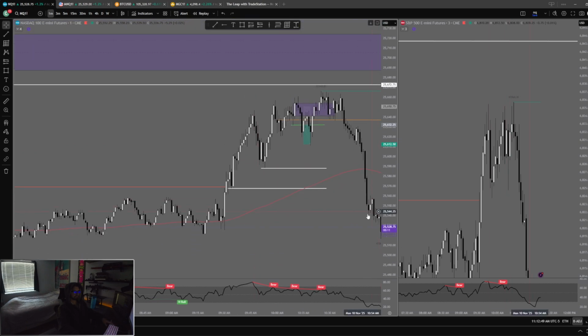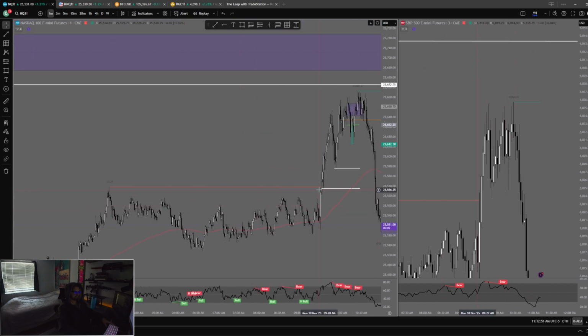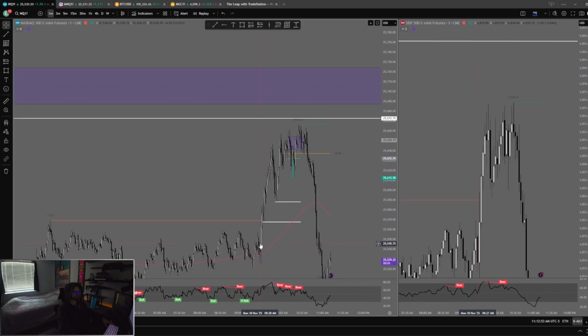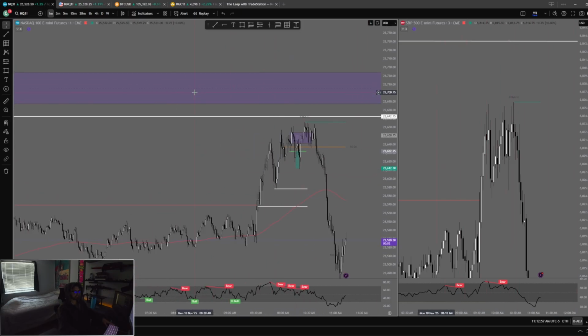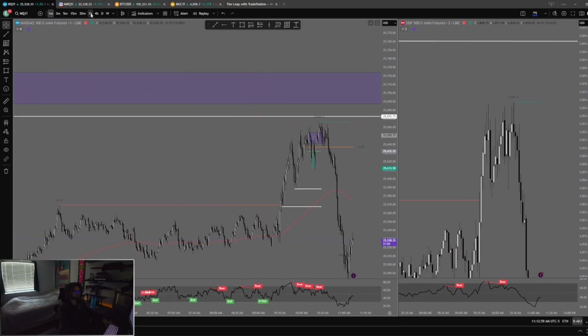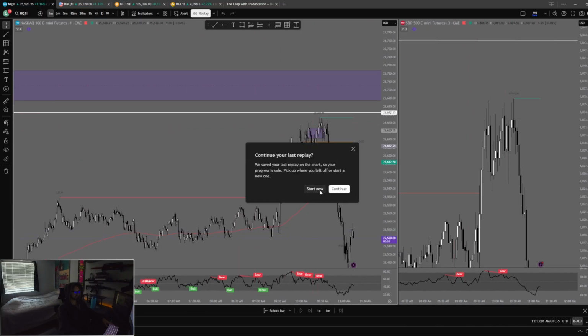Come into the morning and we sweep out this London high right at market open pretty much. Initially, before this drop off, I wanted to see us at least take out this hourly high.